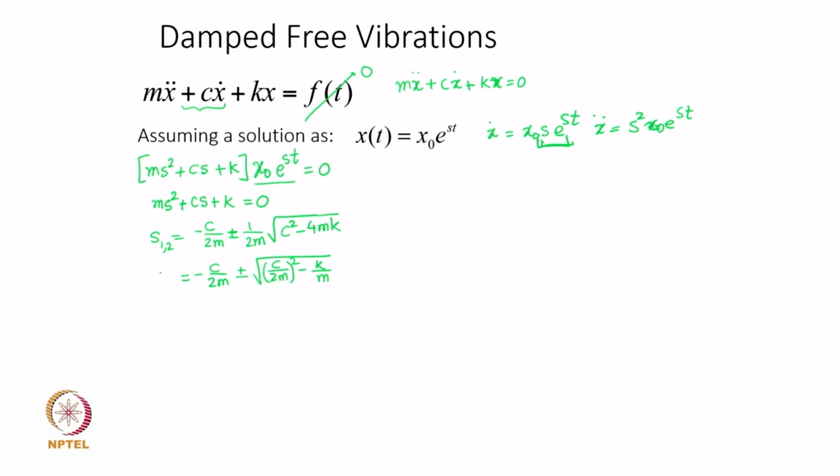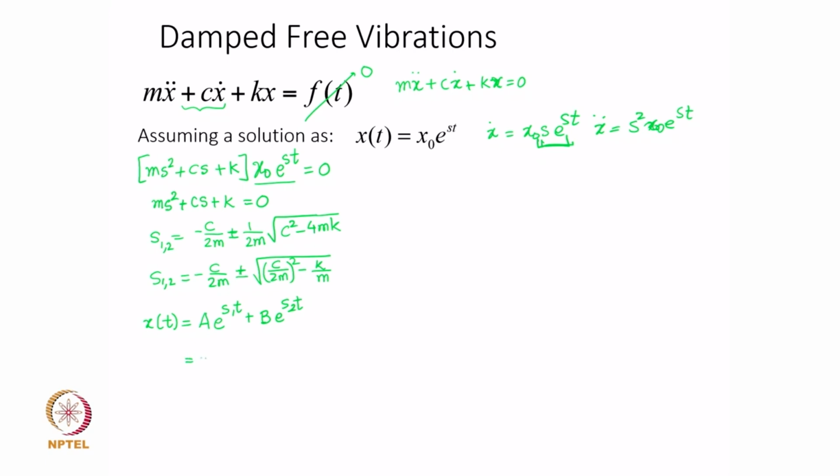So, you have two possible roots here. One is S 1, the other one is S 2, and because there are two roots, I can get the general solution x of t to be some constant a e to the power S 1 t plus b e to the power S 2 t. Both roots will contribute in general, and that is the general solution of your vibratory system.